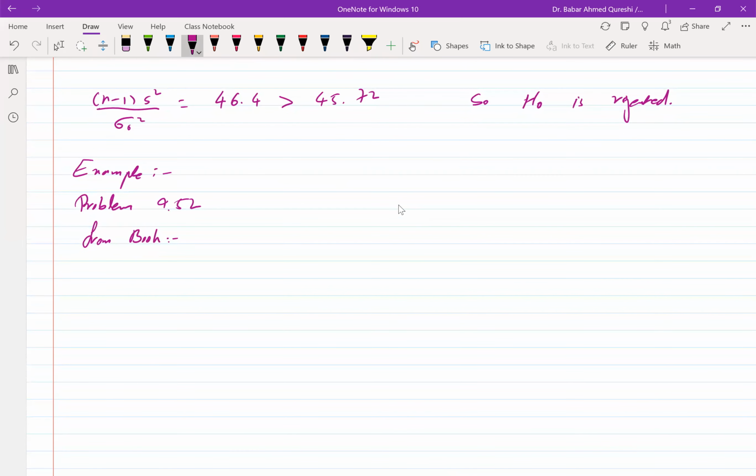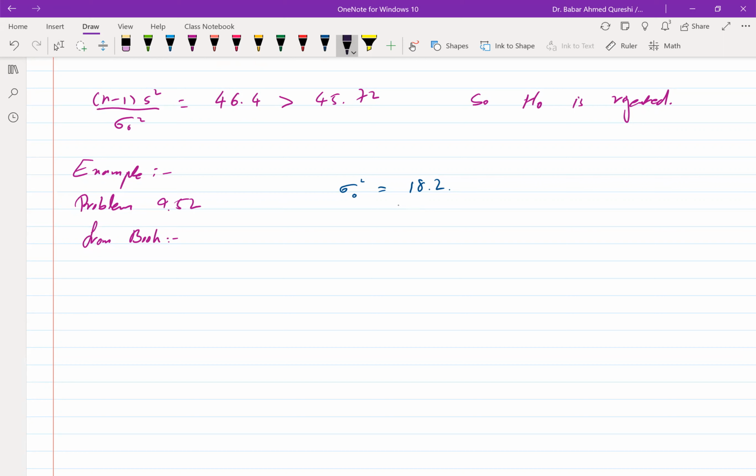It is known that in some subject, from historical record, the population variance of student score is 18.2, and the teacher brings in a new method of teaching.